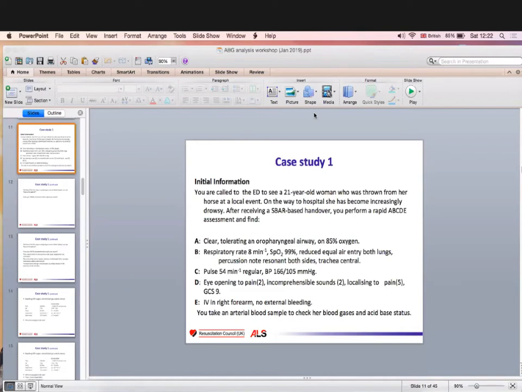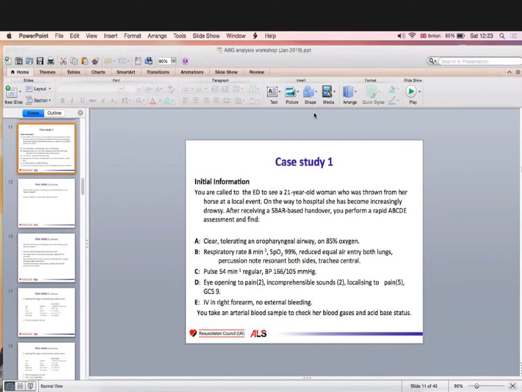Then, this is a trauma situation, isn't it? As I told you last week, when you get a trauma patient, you must look at the mechanism of injury. Like the patient has been thrown from a horse at a local event. That means there should be a significant injury, isn't it? It depends whether the horse was running or stationary.